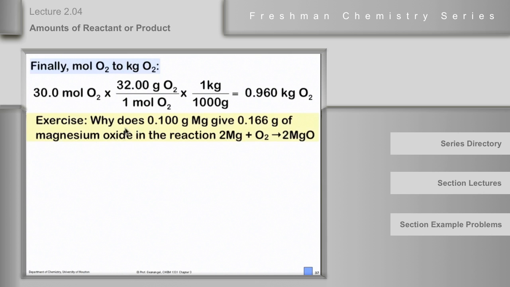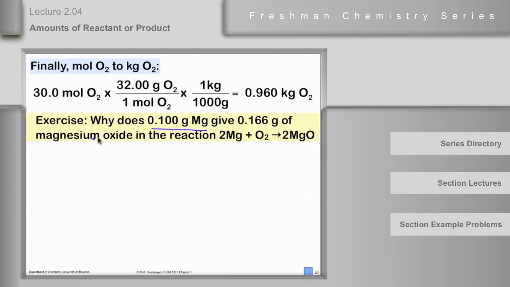So, why does 0.1 gram of magnesium give 0.166 grams of magnesium oxide in the flashbulb reaction? The balanced chemical equation for the flashbulb reaction was 2 magnesium plus dioxygen goes to 2 magnesium oxide. Okay? So, we need a plan. We're given the mass of magnesium here.